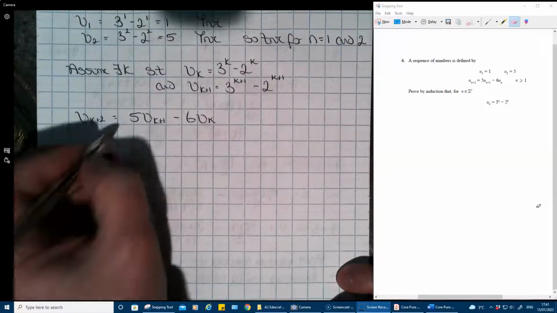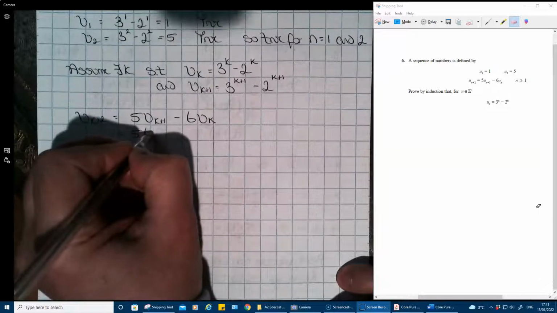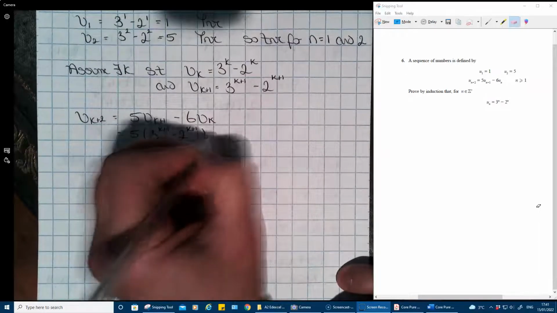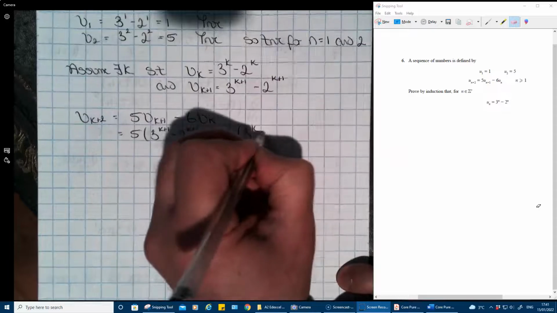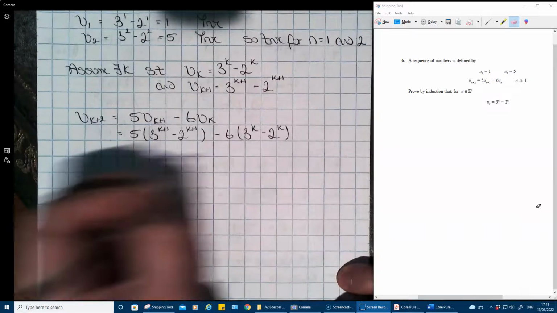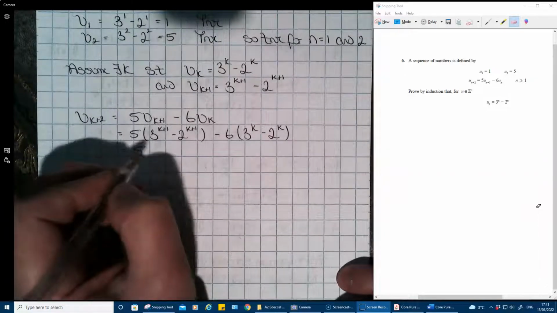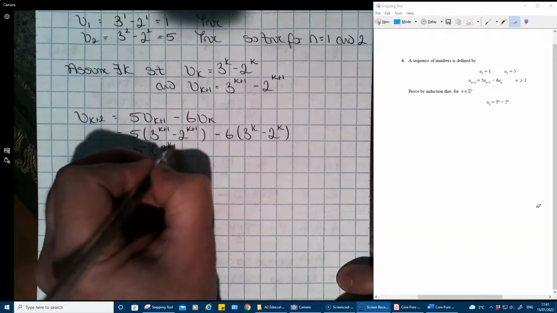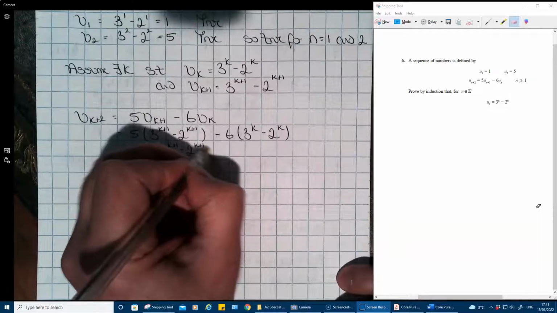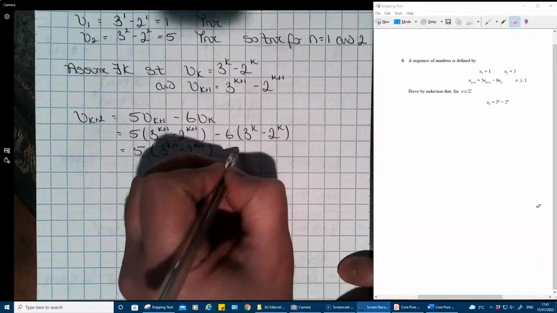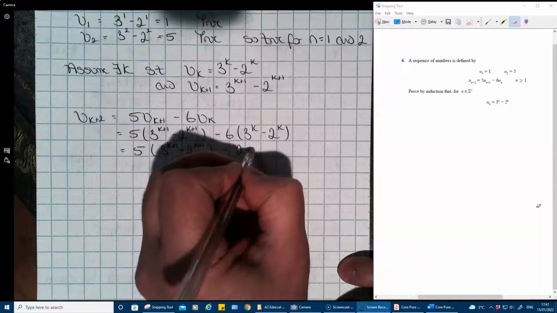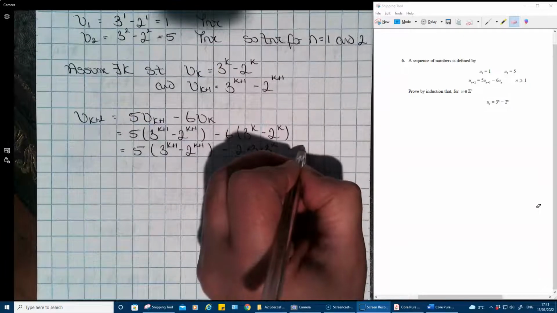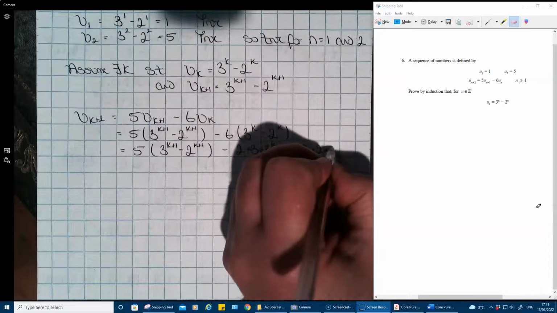Okay, so it's 5 times 3 to the k plus 1, take away 2 to the k plus 1, take away 6 lots of 3 to the k, take away 2 to the k, which is 5 lots of 3 to the k plus 1, take away 2 to the k plus 1, take away 2 times 3 times 3 to the k, take away 3 times 2 times 2 to the k.